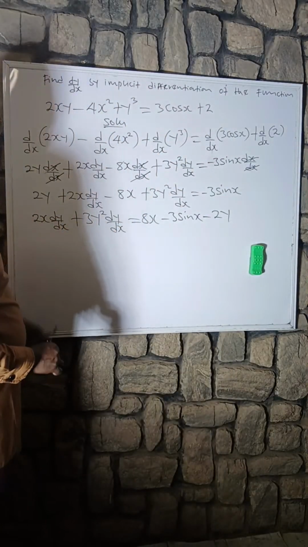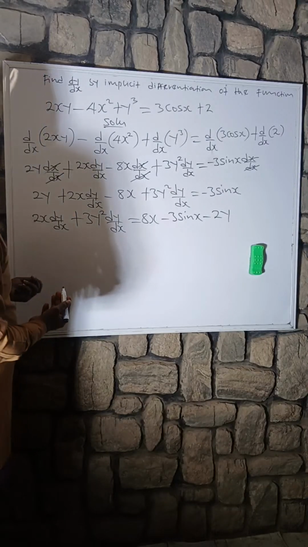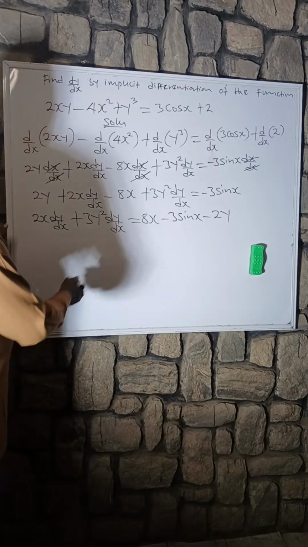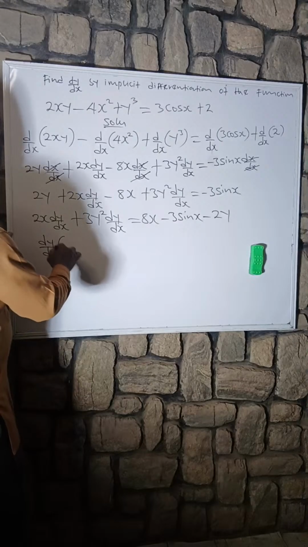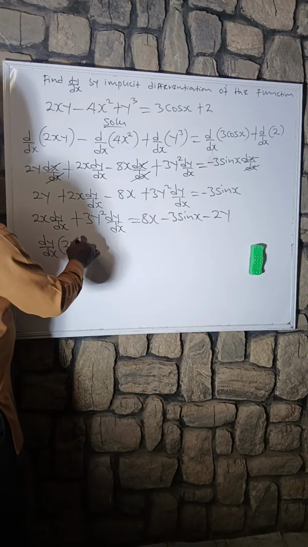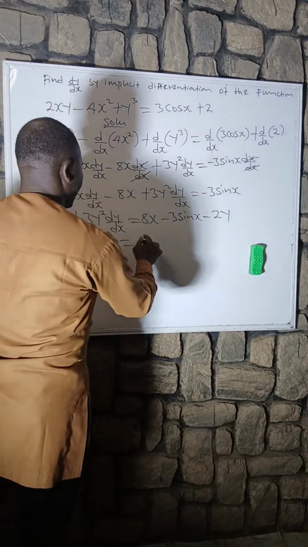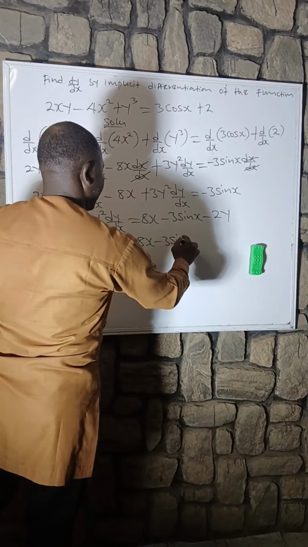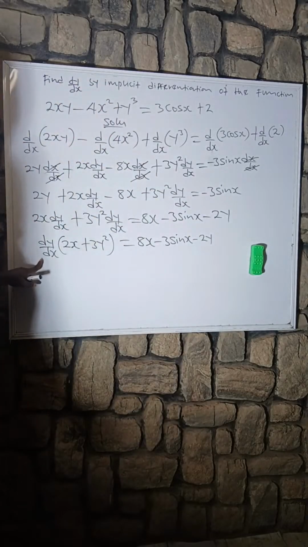Okay, so now ask yourself what is common. On the left hand side, dy over dx is common because they say find dy over dx, so we have to factor it out. So we have 2x plus 3y squared equals to 8x minus 3 sine x minus 2y. So at this point, we have to find dy over dx.